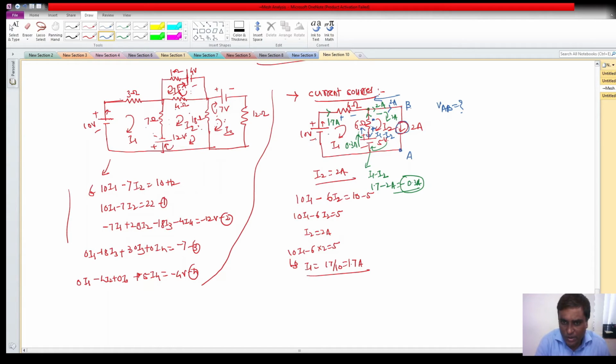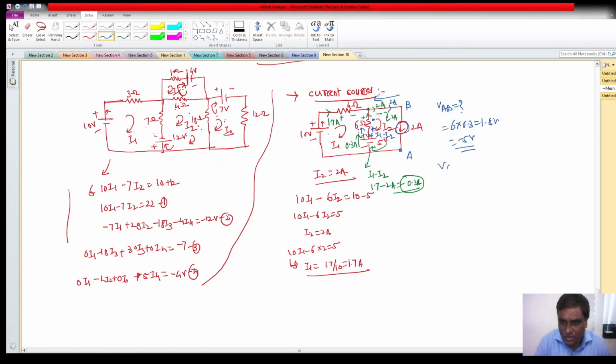So if I am going, voltage has been raised here. So how much voltage is developed across this 6 ohm resistor? It will be 6 into 0.3, which is 1.8 volt, and then I am coming from here to here, so that voltage is dropping, which is minus 5.